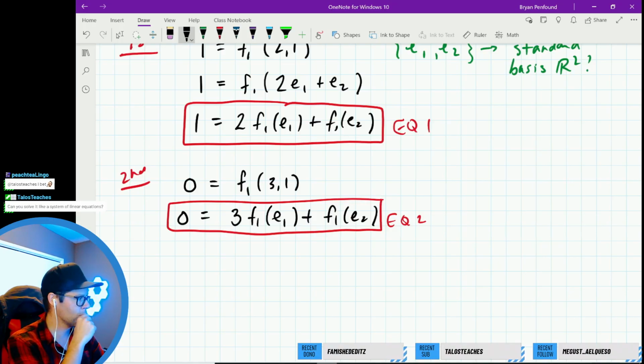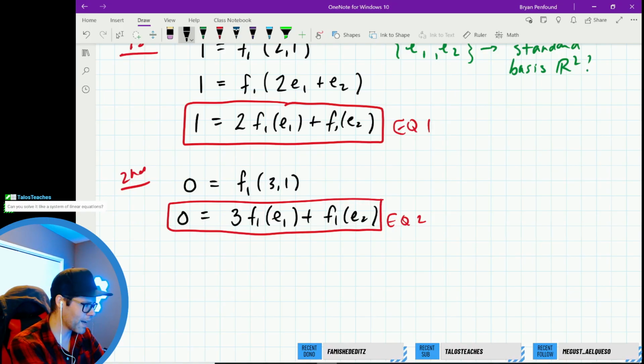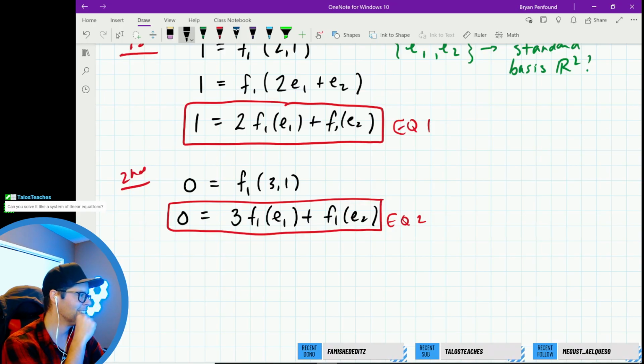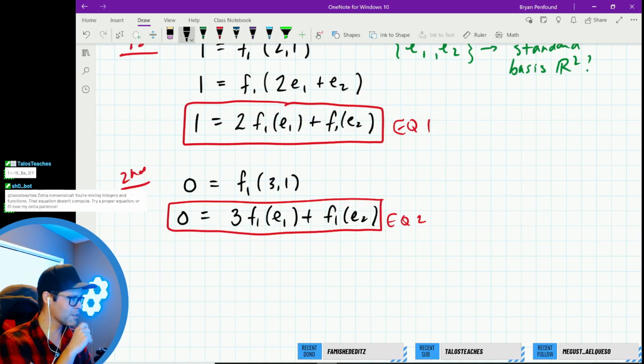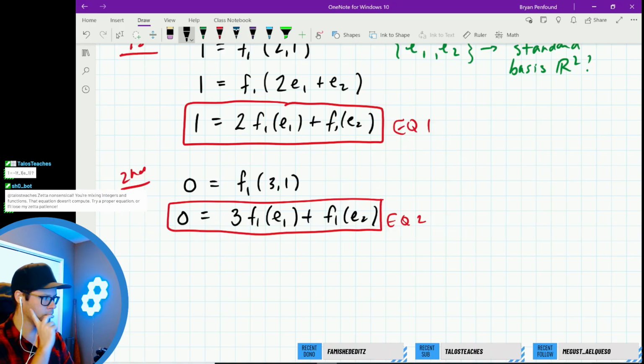Talos, I'm putting you in charge of that. A horror movie about a bunch of math professors just going after students who fail on an exam. Oh man, just hunting them down. When the exam turns into life or death. Nonsensical. You're mixing integers and functions. That equation doesn't compute. Try a proper equation, or I'll lose my zeta patience. It's an equation show. You get out of here.